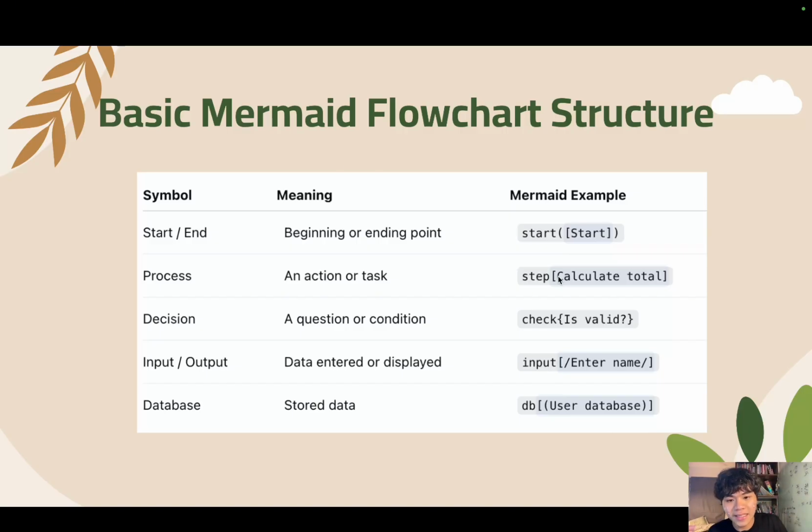A decision symbol is used when there are multiple possible paths, either a yes or a no, or many other decision making processes, which has this syntax with curly brackets.